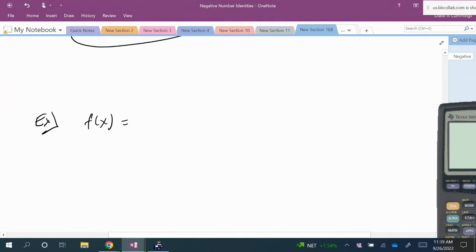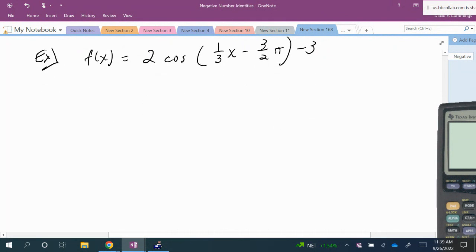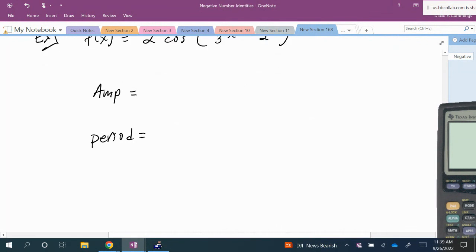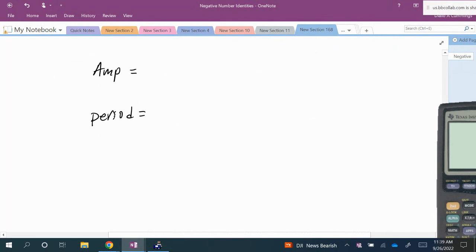Okay, f of x is equal to 2 cosine of (1/3 x minus 3/2 pi) minus 3. We have to find the amplitude, the period, the phase shift, and the vertical shift.